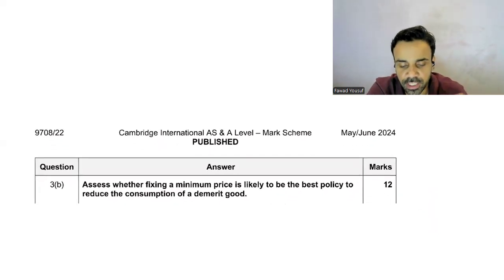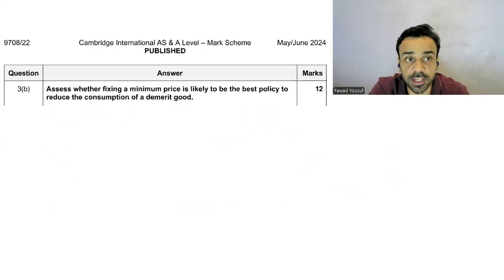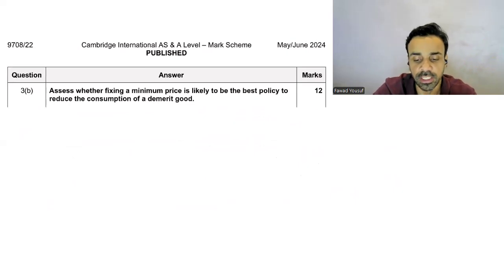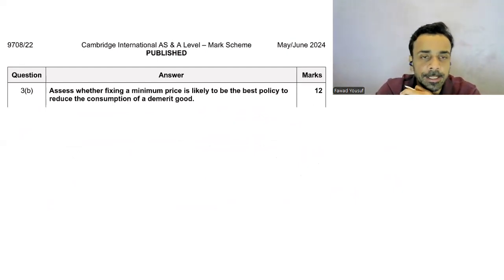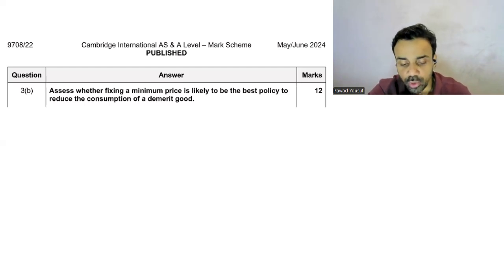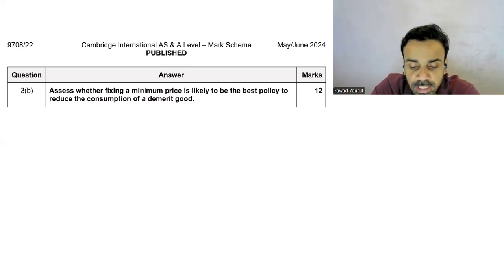Now, for a question like this, the first thing you need to know is what the answer structure should be. Once you know the answer structure, I think things should start falling into place right after that. We know that we get no marks for definitions, right? Part A has nothing to do with minimum prices, and the definition of demerit has already been done above, so there's no need to write it at all. But if you feel it's a good starting point, you might want to define either of the two definitions, but usually there is no mark for it. At least we have noticed that in our variant, for some reason they don't place any marks for explanation of the term.